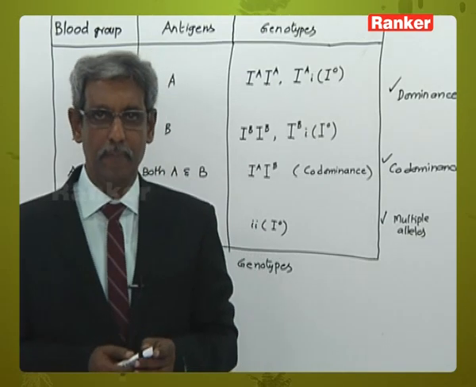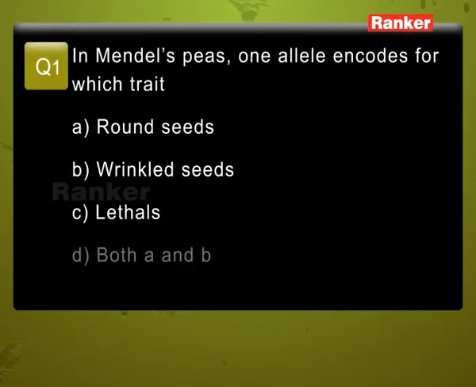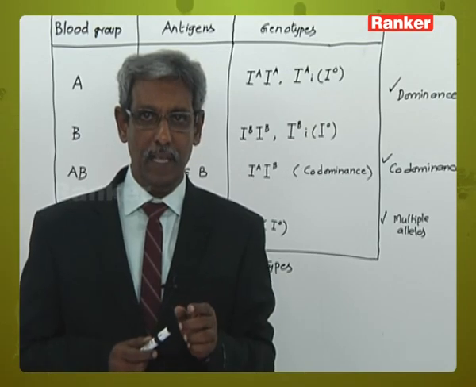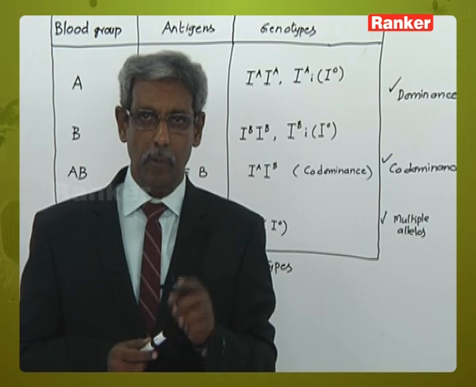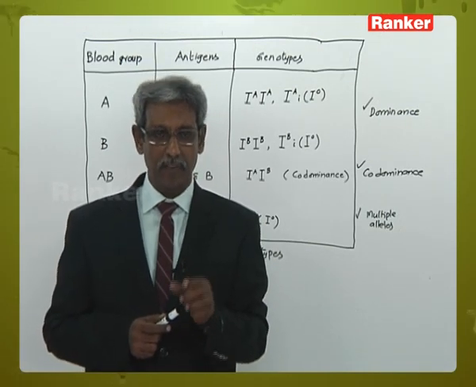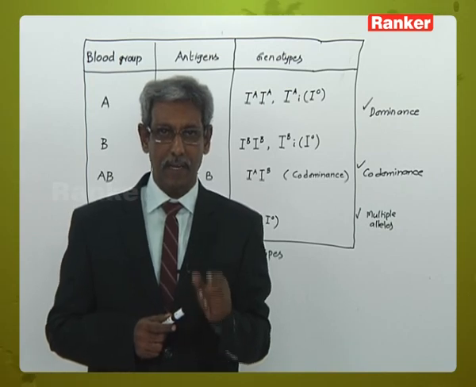Now the first problem says, in Mendel's peas, one allele codes for which sort of trait? An allele normally represents the expression of both the dominant as well as the recessive gene. A pair of genes is termed an allele.